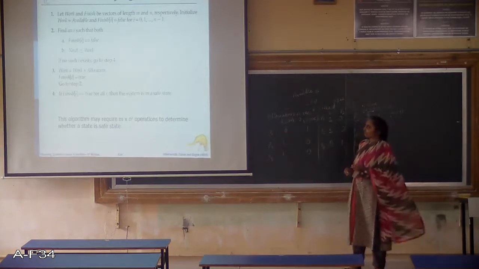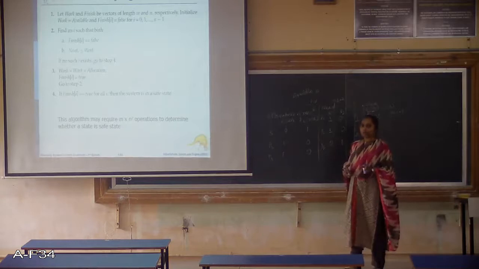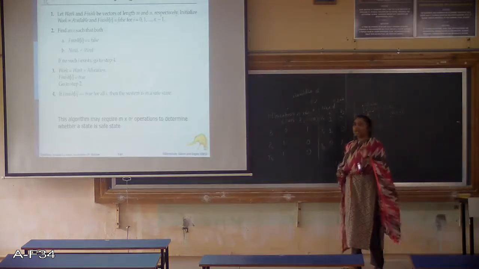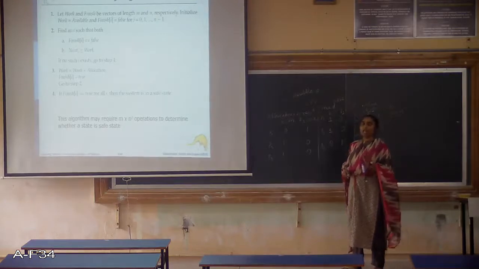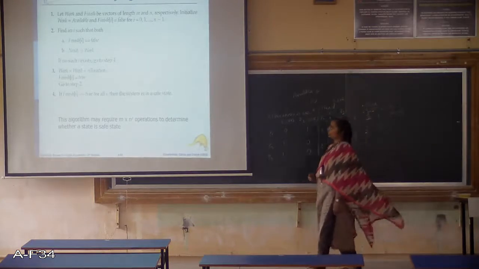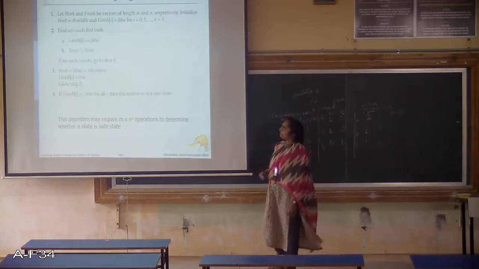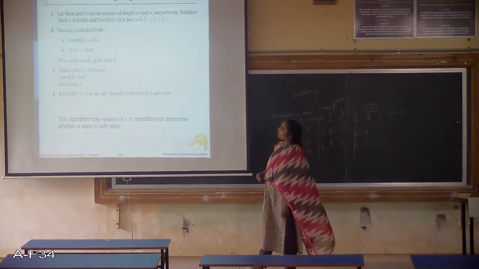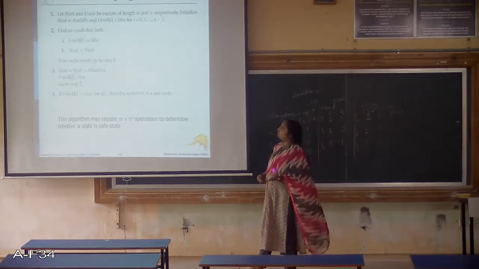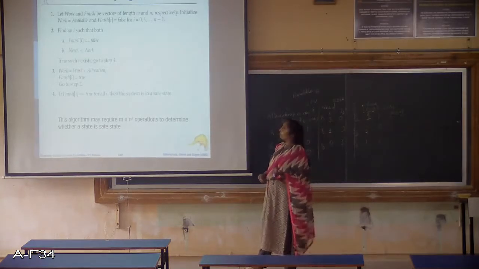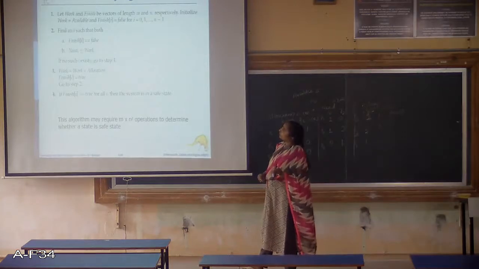Now let's see the algorithm. So this is the safety algorithm. First we have to check with the safety algorithm, then we have to do the allocation. So there are two algorithms, and while solving problems you will have to apply these algorithms, check, and do the allocation. The first statement says let work and finish be vectors of length m and n respectively.